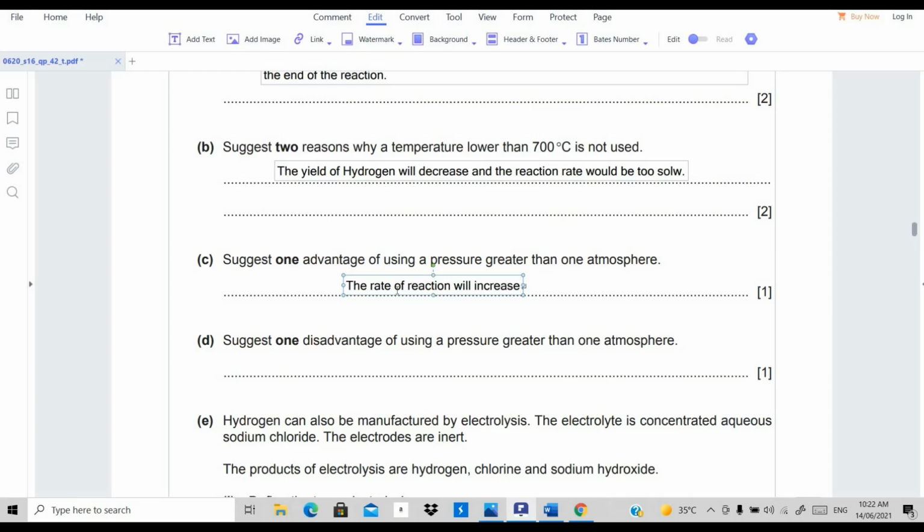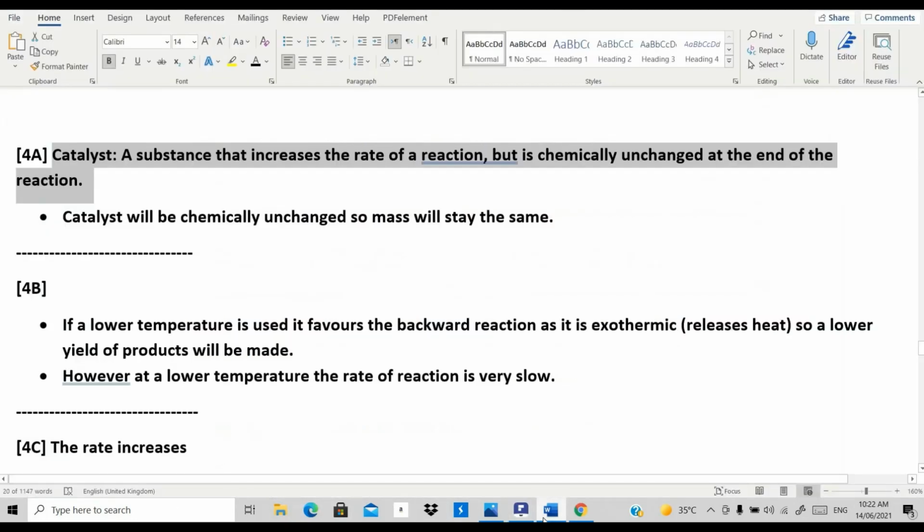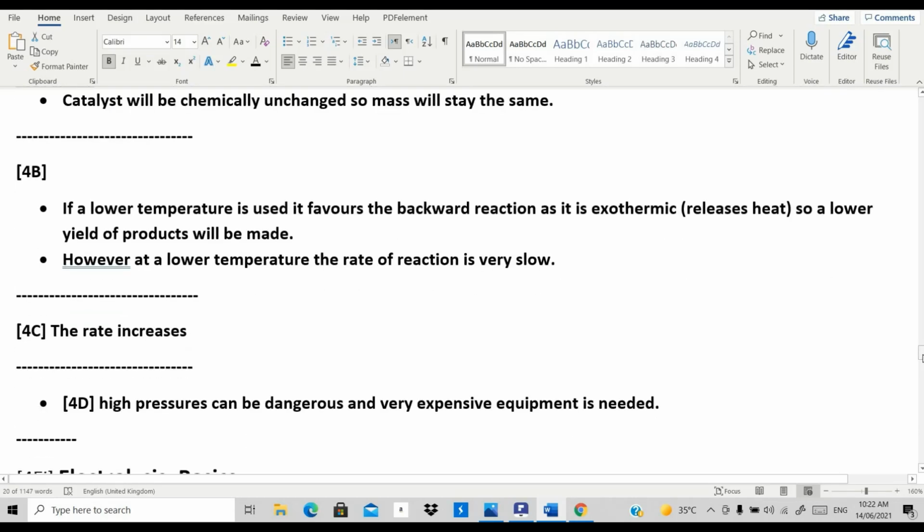Anyways, moving on to part D. Just one disadvantage of using a pressure greater than 1 atmosphere. They are asking us, if we increase the pressure, what is the disadvantage we are facing? As mentioned in the answer here, higher pressures can be dangerous and very expensive equipment is needed, because to provide that high pressure, we need more expensive equipment, and this is very dangerous.